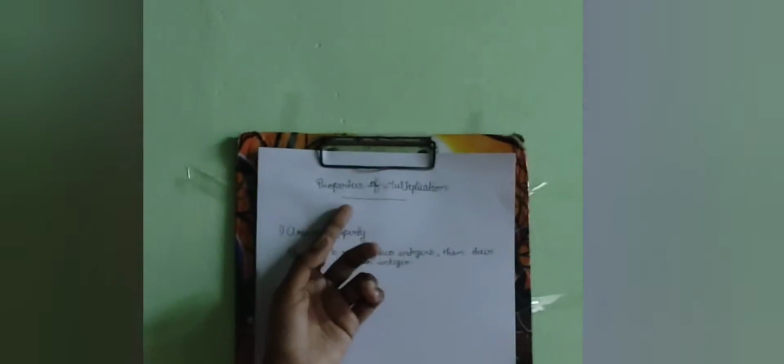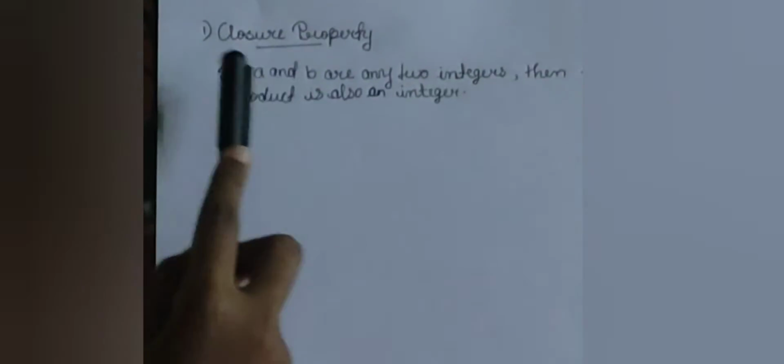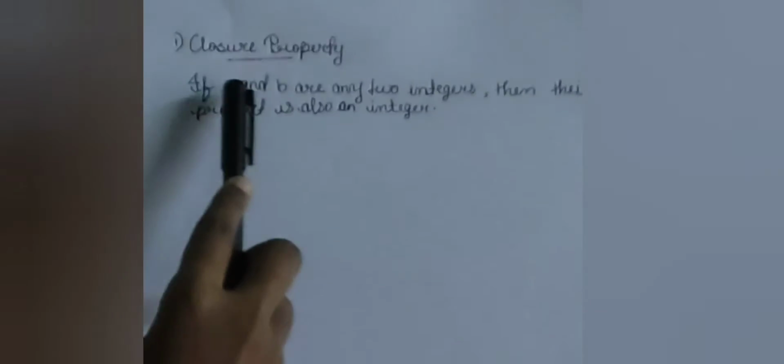Now you all know how to multiply integers. Do you know the properties of multiplication? Properties of multiplication. First one, closure property. If a and b are any two integers, then their product is also an integer. I will explain it. Imagine that a and b are any two integers. When we multiply, their product is also an integer.